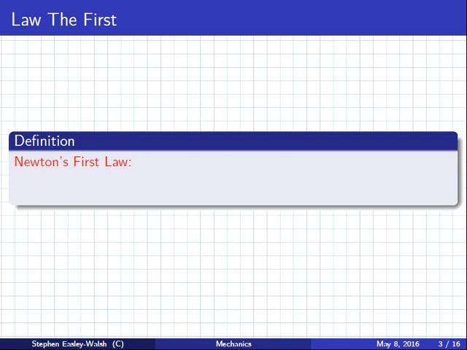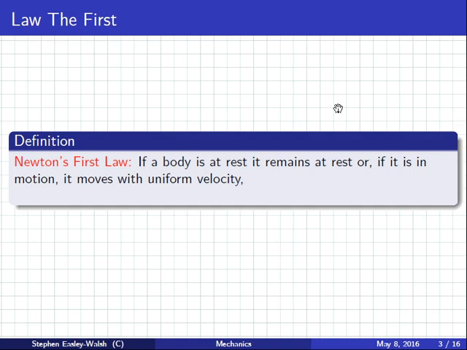Newton's first law: if a body's at rest, it remains at rest, or if it's in motion, it moves with uniform velocity until acted on by a force. In other words, if it's at rest, it will stay at rest. If it's in uniform motion, it will stay in this uniform motion, unless a force is applied. And yes, Newton's 3 laws will be common in the exam.